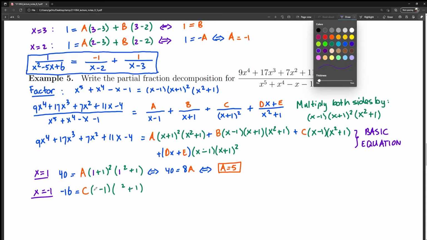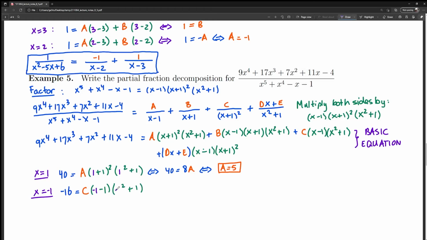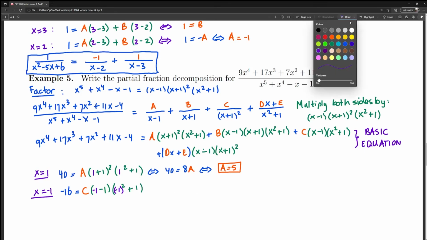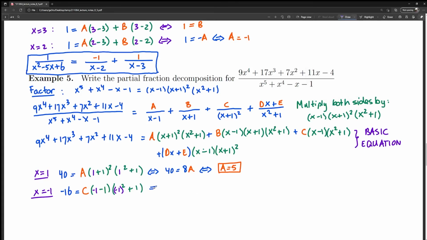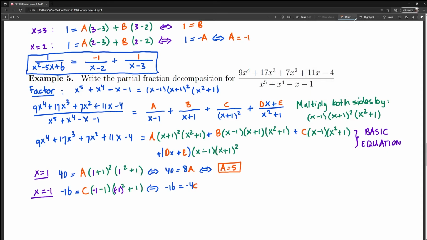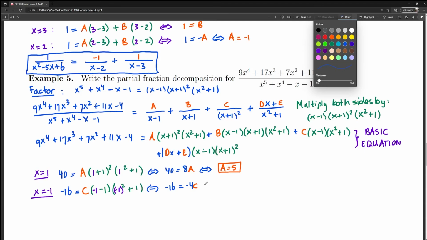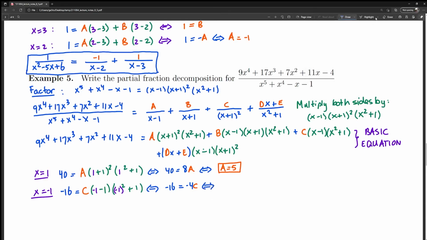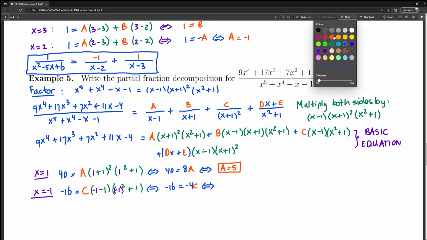And when we plug that in, we see negative 1 minus 1, that gives us negative 2. And then negative 1 squared is positive 1. So we get 1 plus 1. That's 2. So we have negative 2 times 2, or together that gives us negative 4c. And then when you solve that for c, you will find that c equals 4.